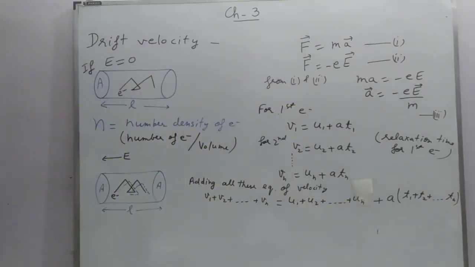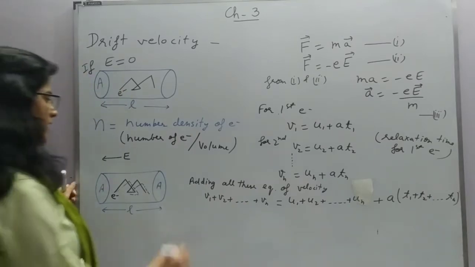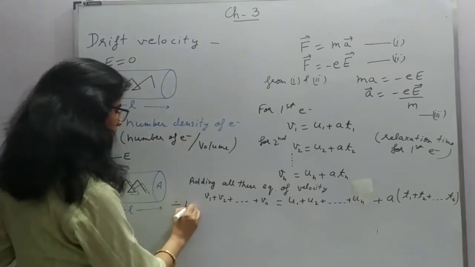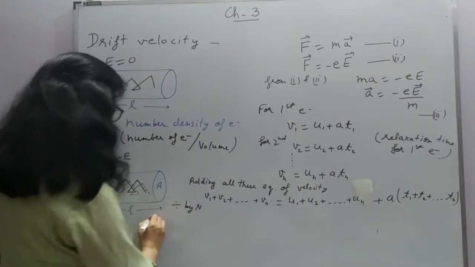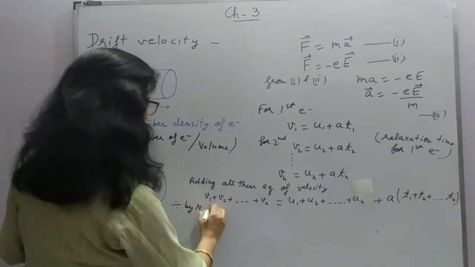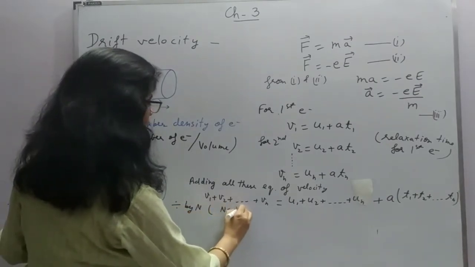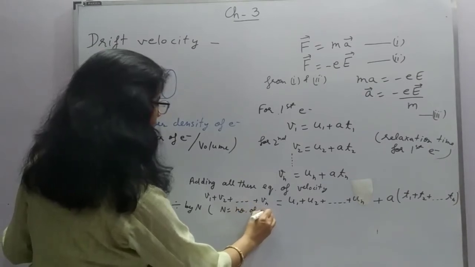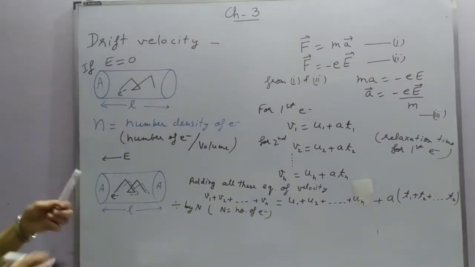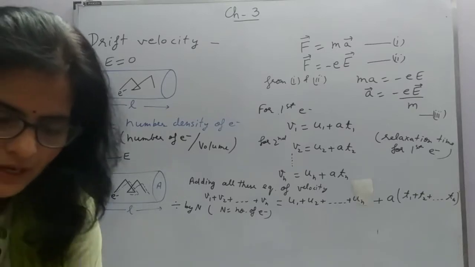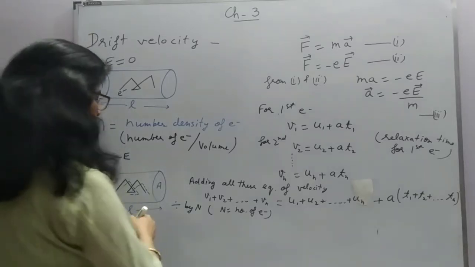If I divide the whole equation by capital N, where N is equal to the number of electrons, what will I get?